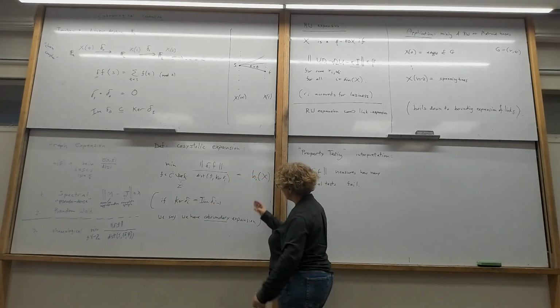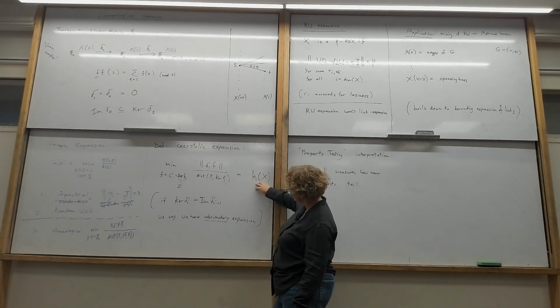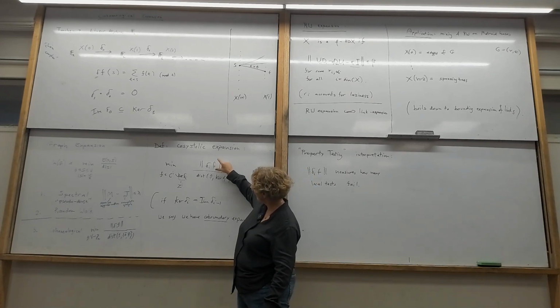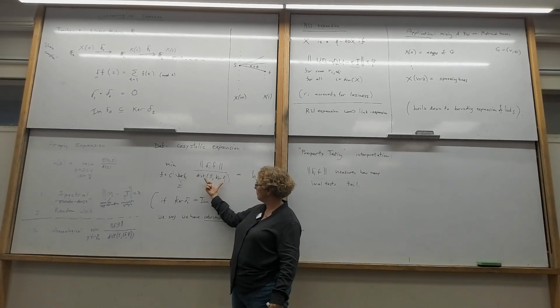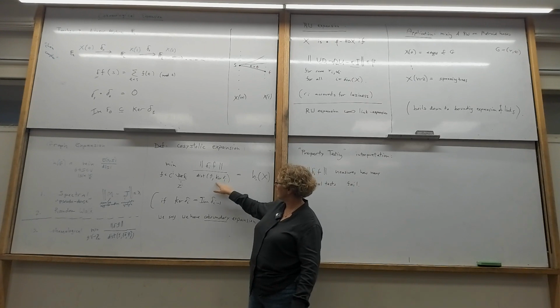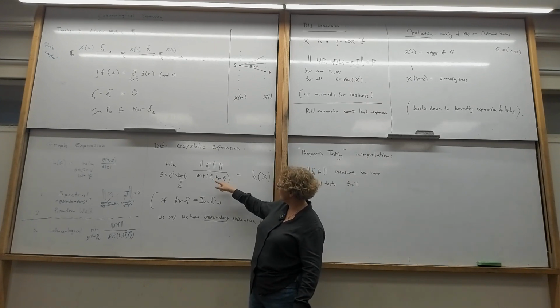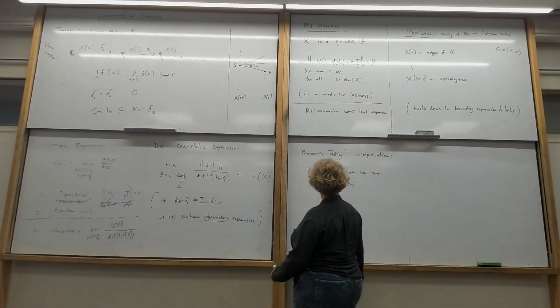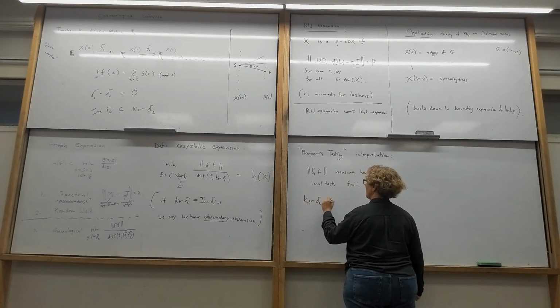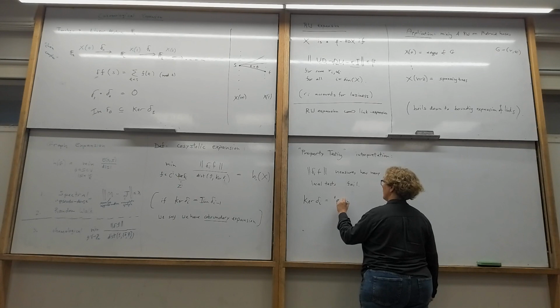Now, if this constant is big, it means that these two things are proportional to each other. So it means that if this is small, this must also be small. What is this? This is the distance of your f, your function on the edges, from the kernel of delta i. What is this? This is like your property. So here, the kernel of delta i is some property.